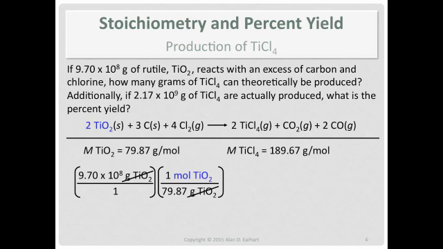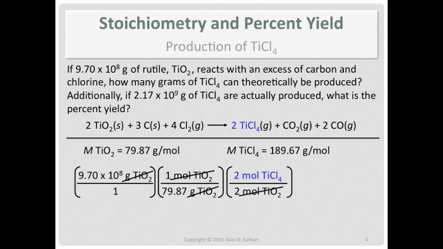So now, this is where the coefficients come in. Divide by the coefficient for the TiO2. That means 2 moles of it. And then what is the calculation request? Well, we're working towards TiCl4. So we put that in the numerator.